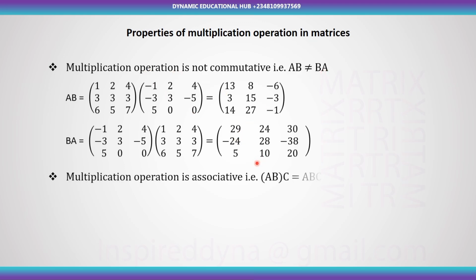And the next one, multiplication operation is associative, that is AB in brackets and you have C outside is still the same thing as when you use C to expand it. It's very simple.